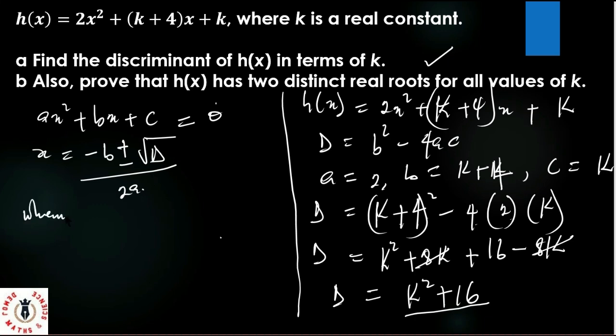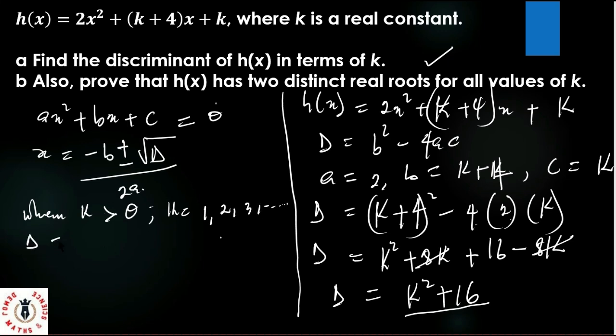When k is greater than 0, that is, when k is positive, it could be that k is 1, 2, 3, 4 continuously.